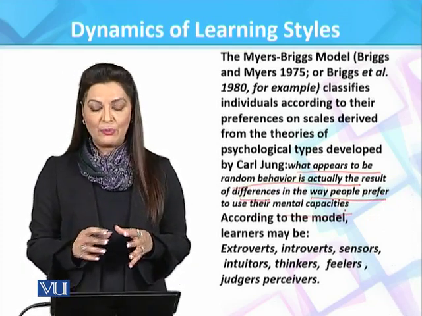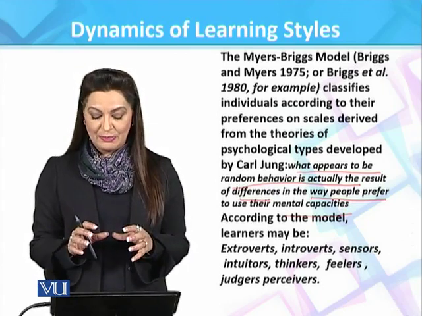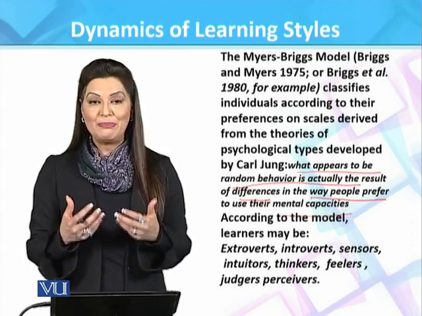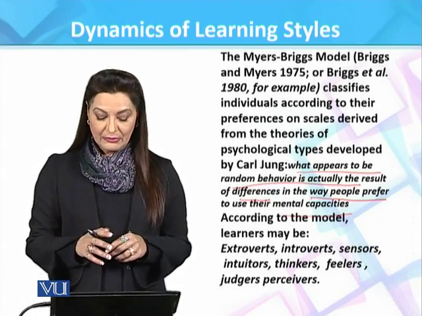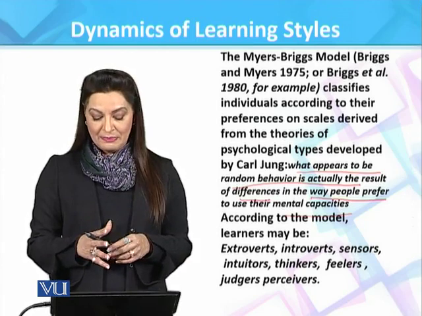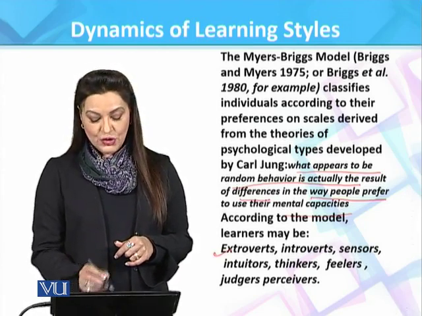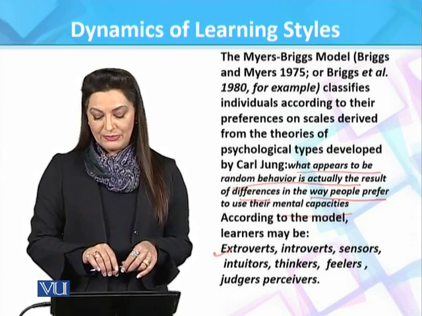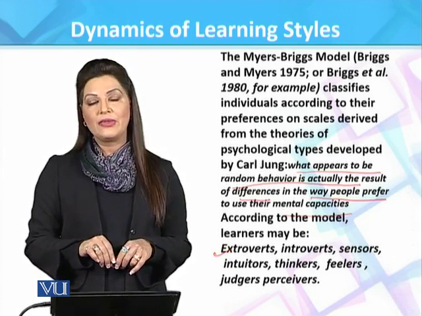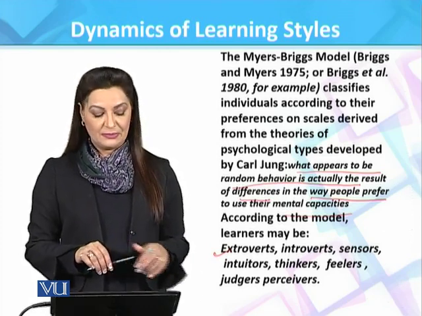What seems to be random behavior is not just random, it is a reflection of what people prefer. According to the model developed by Myers and Briggs, the learners may be classified as extroverts, introverts, sensors, intuitors, thinkers, feelers, judges, and perceivers.